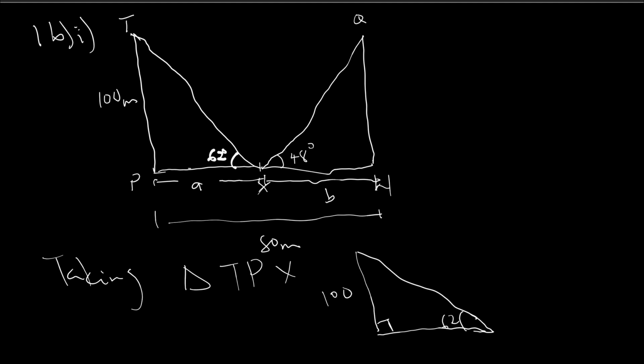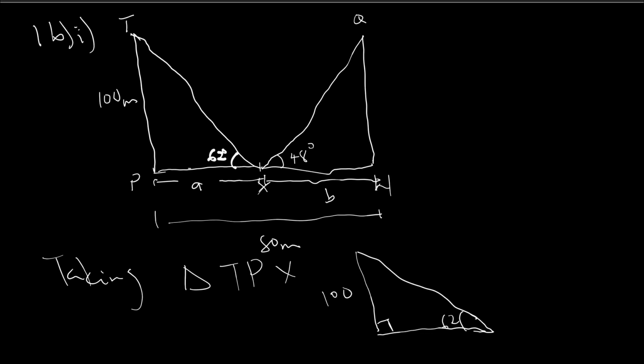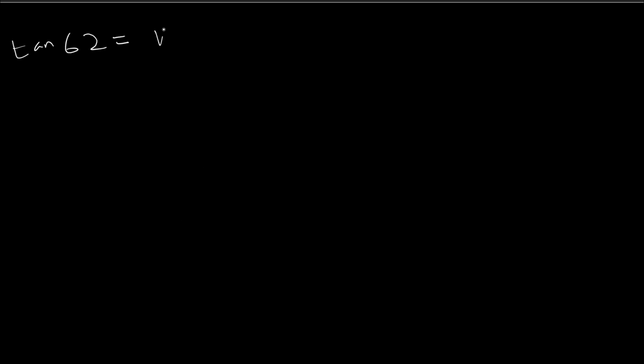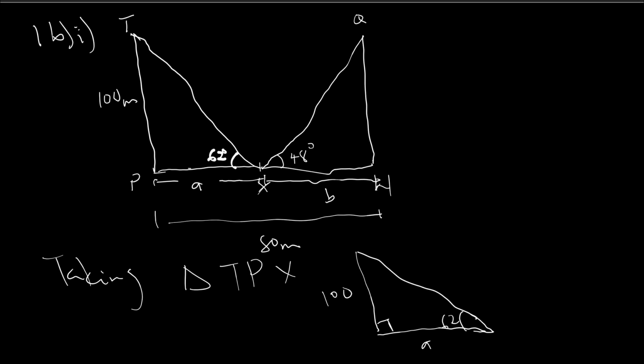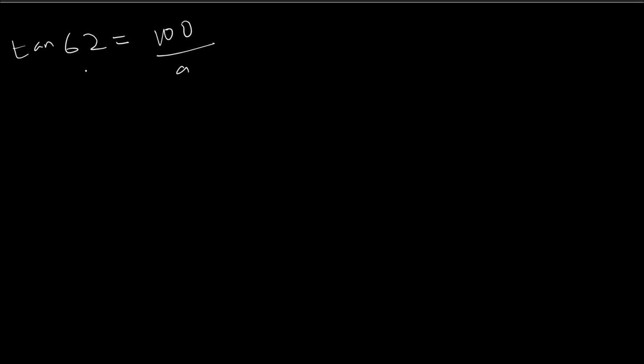So we can say that tan 62 should be equal to the opposite, which is 100, over the adjacent, which is A. So then A will be equal to 100 divided by tan 62.